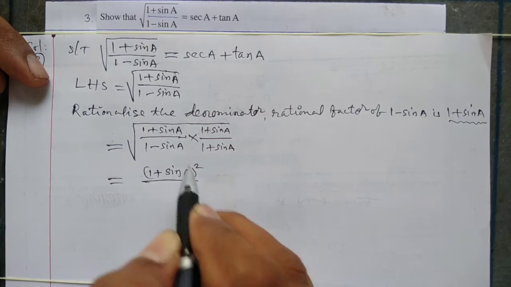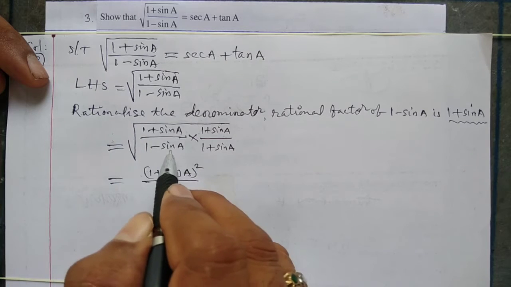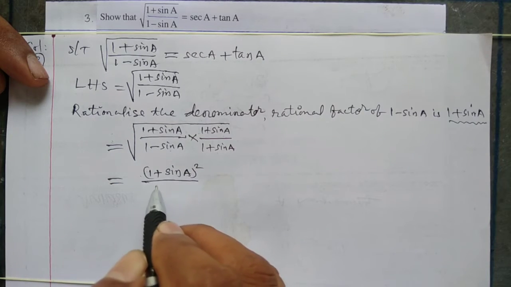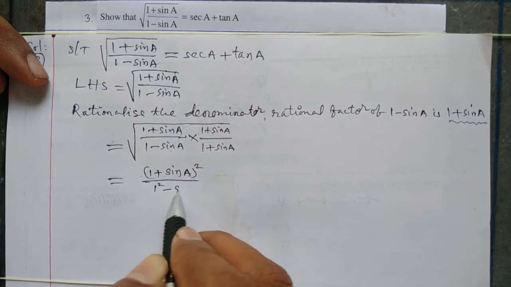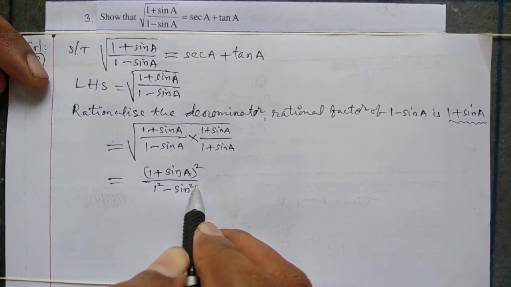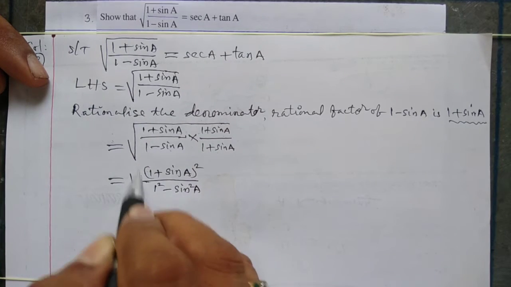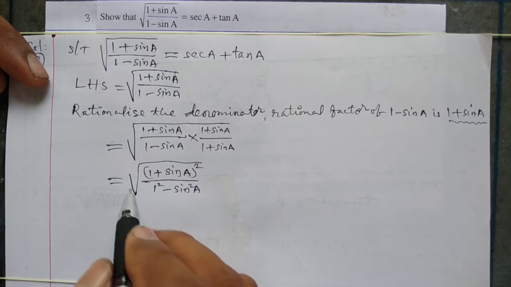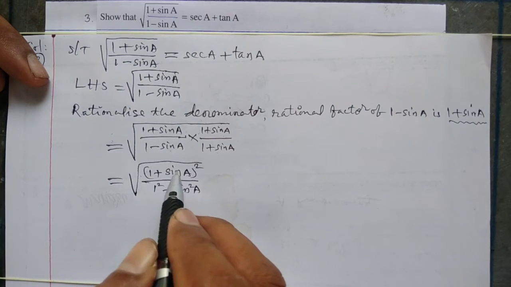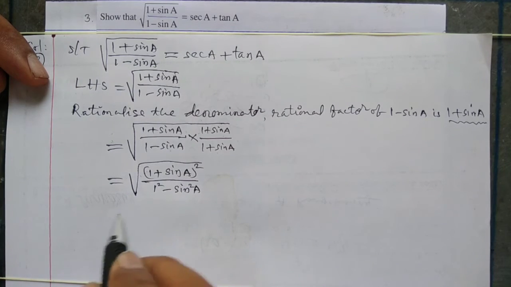In the denominator, (a minus b) into (a plus b) is a square minus b square, so 1 square minus sin square A. Now apply the square root for numerator and denominator separately.